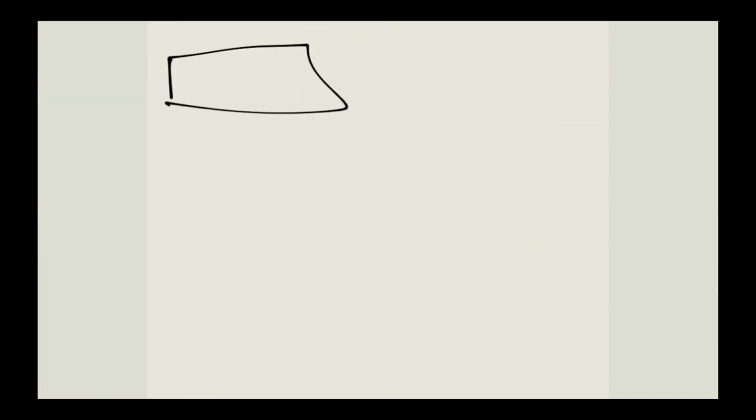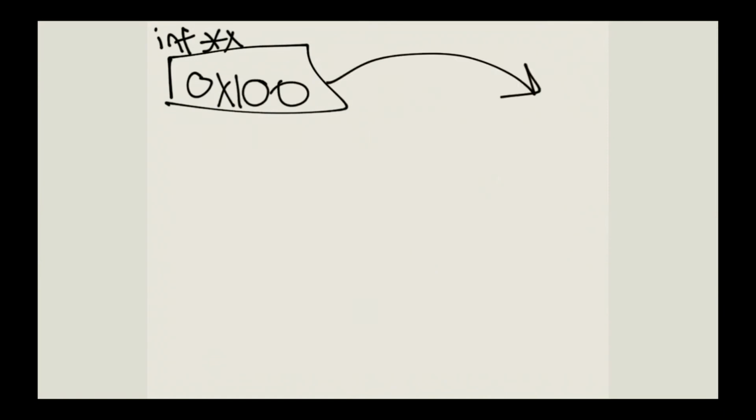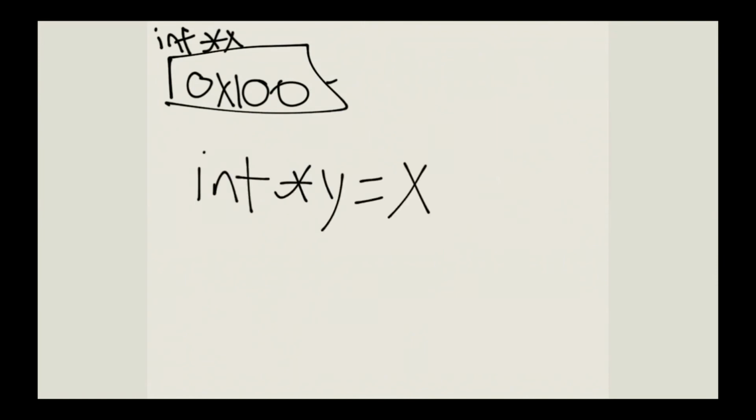Remember that pointers, even though we draw them as arrows, really only store an address. So really all x is storing is something like 0x100, which we happen to represent as pointing to the block stored at 100. So when I say int star y equals x, I'm just copying 0x100 into y, which we represent as y also pointing to 0x100.